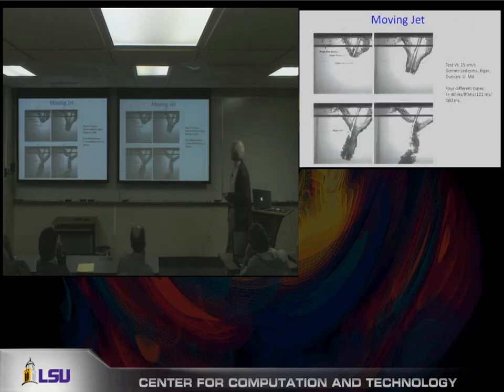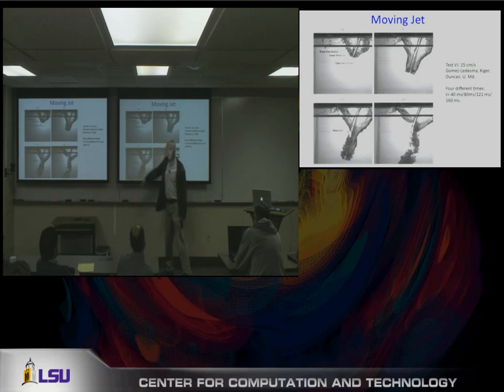These are the kinds of results he's gotten. Basically, he's moving this jet at 15 centimeters per second. It's impinging on the water. You can see it creating a cavity. Here's the jet. And then it pinches off like I had in the simulation. And then you get all this funny behavior. No bounce. It pinches off in part because the cavity closes on itself. Also, the jet is moving, so it runs into the side of the cavity.